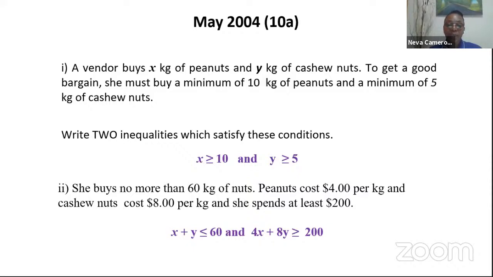So when we simplify the expression 4x plus 8y greater than or equal to 200, we will end up with x plus 2y greater than or equal to 50. That is correct. Very good, Brittany. All right, let's continue.